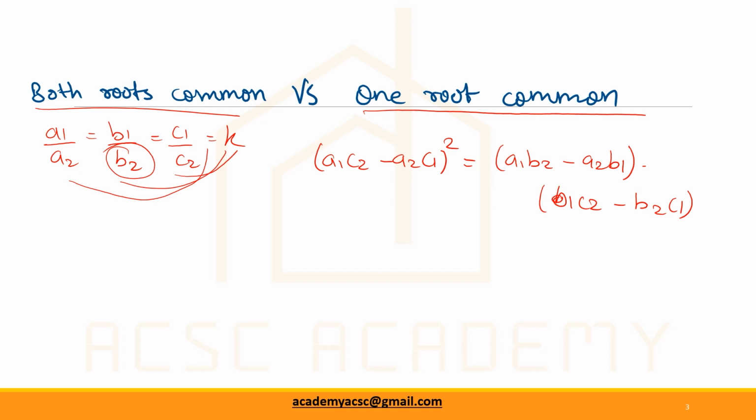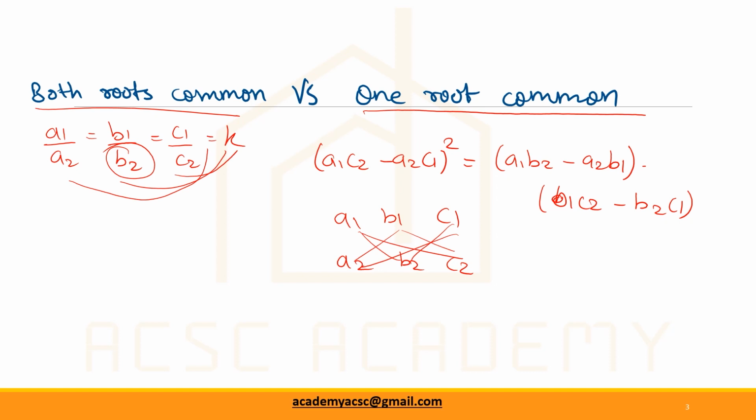And in order to remember this also, we have seen a method in which we used to write all of them like this and then we used to do this cross multiplication kind of thing by which we can derive this formula.